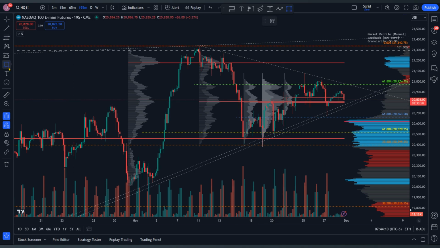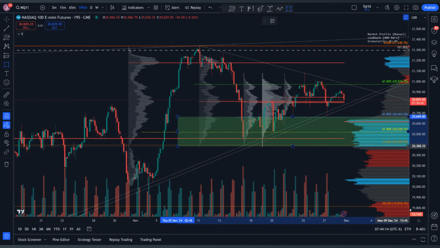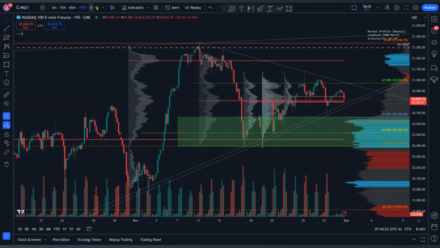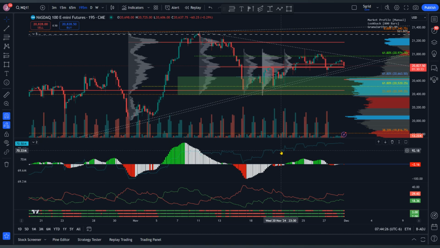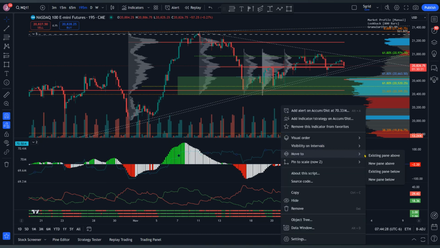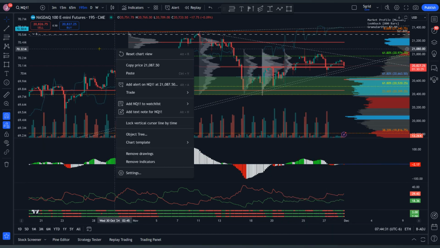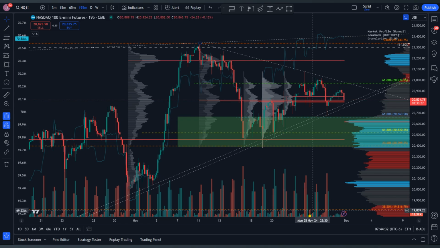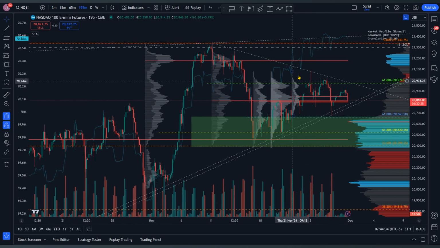So just from this standpoint, we can say that this area should be supportive or offer some sort of demand structure, sans exogenous events or news-based events. And furthermore, if we want, we can go into some of our other indicators here, like our accumulation distribution. If we just pull that up, we can see that there is a positive divergence here.